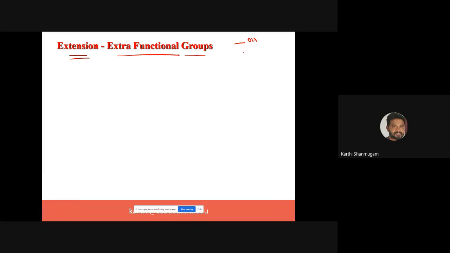Hydroxyl group. What is the name of this functional group? Carboxylic acid, right? So we have so many important functional groups in organic chemistry. So the concept we are going to use here for lead optimization is called extension. The literal meaning of extension is adding some extra functional group.